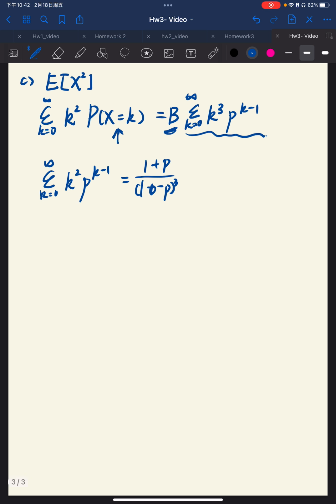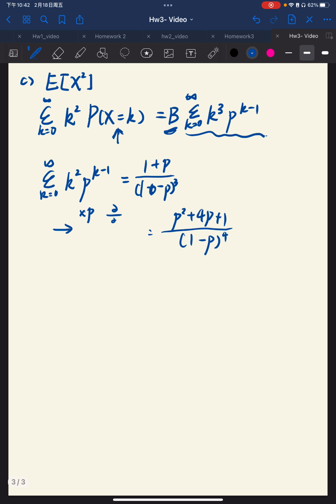Then we multiply p on both sides and take the derivative, which equals (p squared plus 4p plus 1) over (1 minus p) to the power of 4.